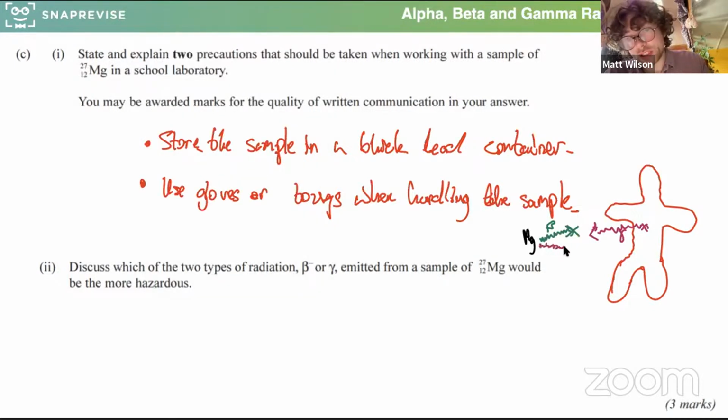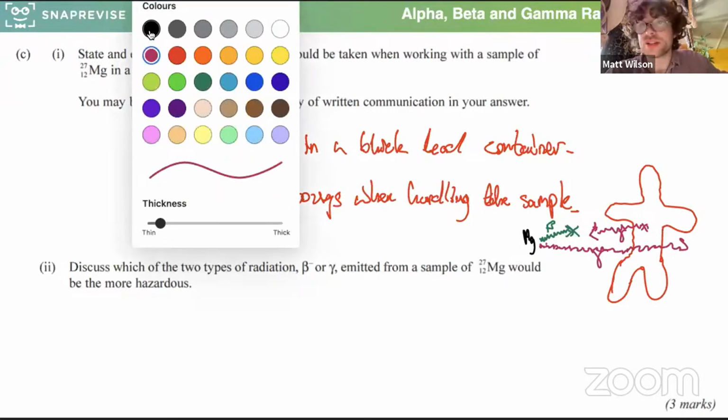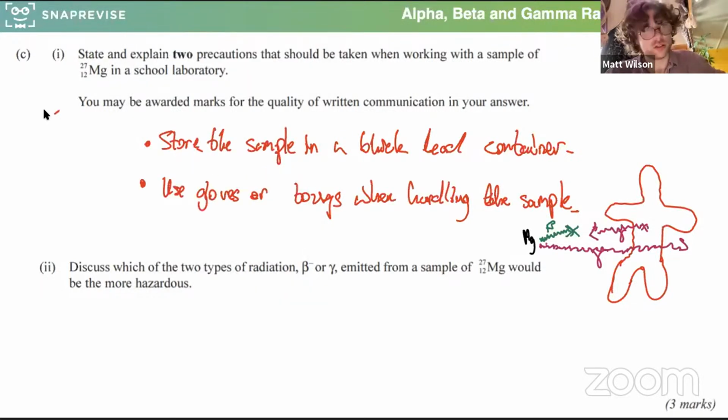Whereas gamma radiation can pass through forever, so it will still reach us and cause us some damage. So you're absolutely right. The answer is gamma. When the source is outside of your body, the most dangerous is often gamma radiation. Very good. Nice answer. So gamma is most hazardous.